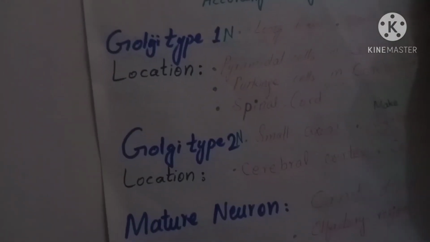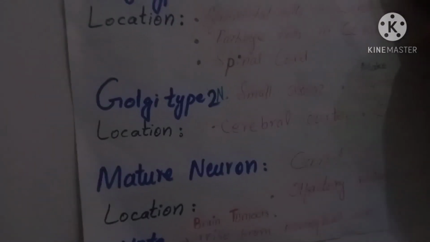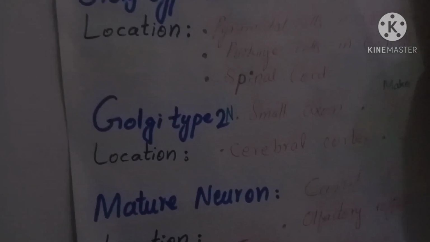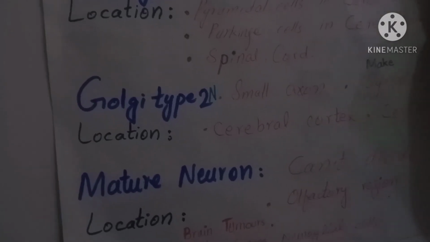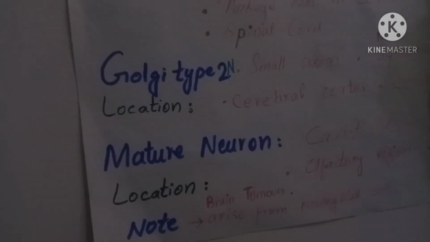And mature neuron cannot be divided further, and location of mature neuron is in olfactory region and hippocampus region. This is the area of mature neuron. If anyone asks you where mature neuron can be found, it can be found in olfactory region as well as in hippocampus.